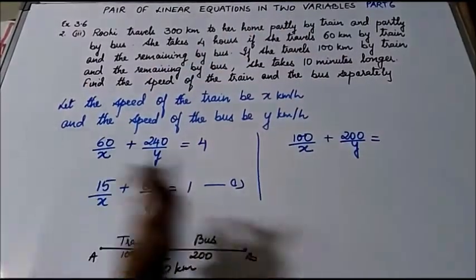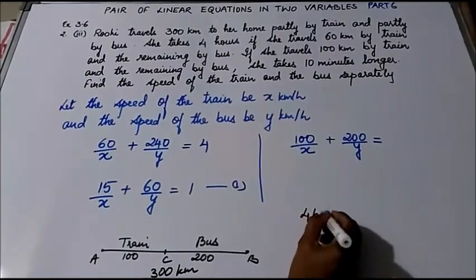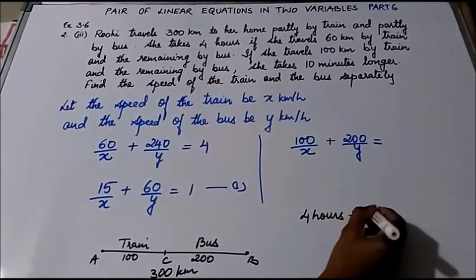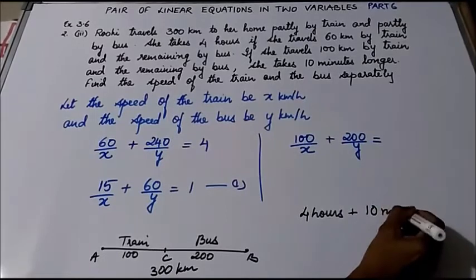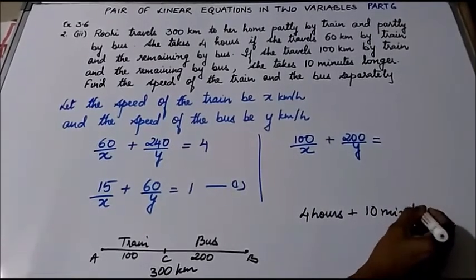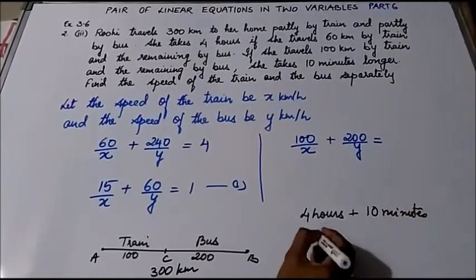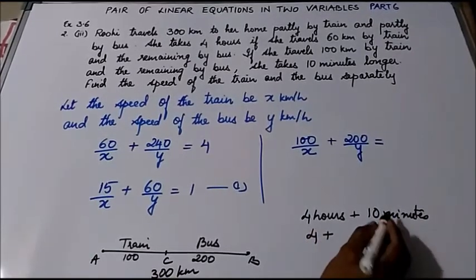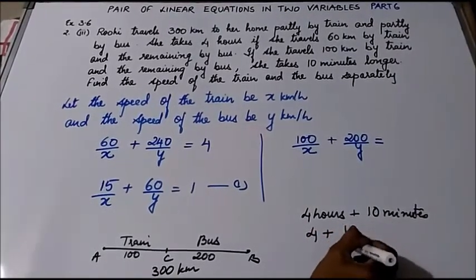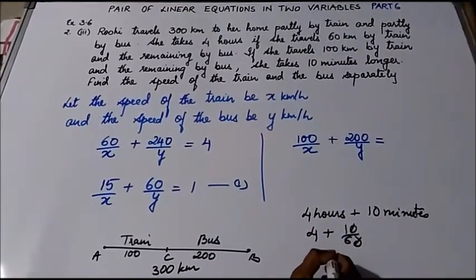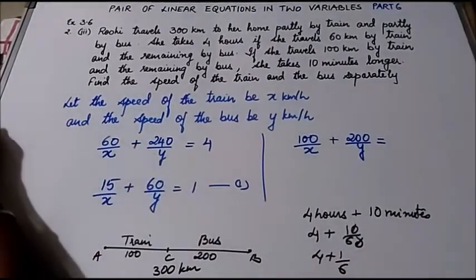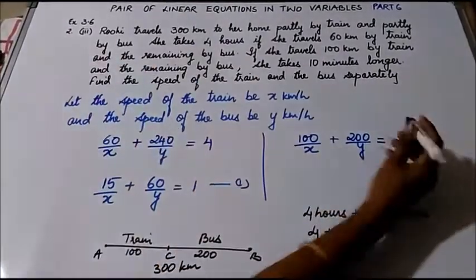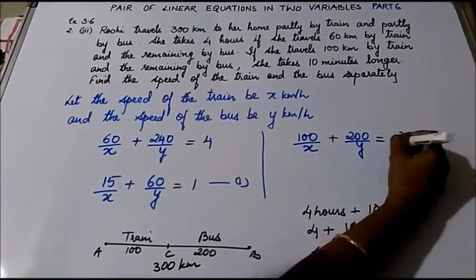10 minutes longer means 4 hours plus 10 minutes. Now this minute will convert into hours. That will be 4 plus 10 by 60, 4 plus 1 by 6, that will give us 25 by 6. So this is equal to 25 by 6.